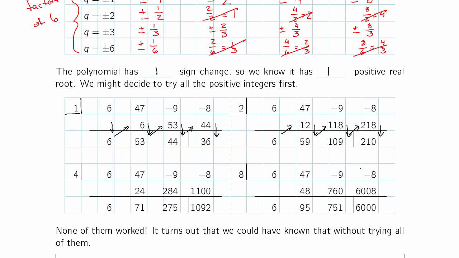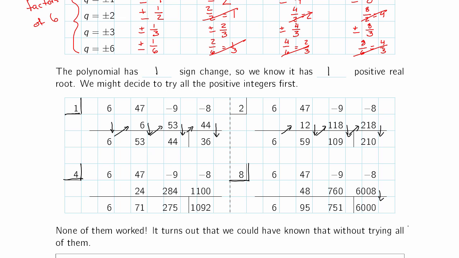Now, this is not a technical term, but what we're seeing here I tend to call the coefficients blowing up. And with the larger potential roots, it just gets worse and worse. Here at this point, we're getting 6,000, which is real far from 0.